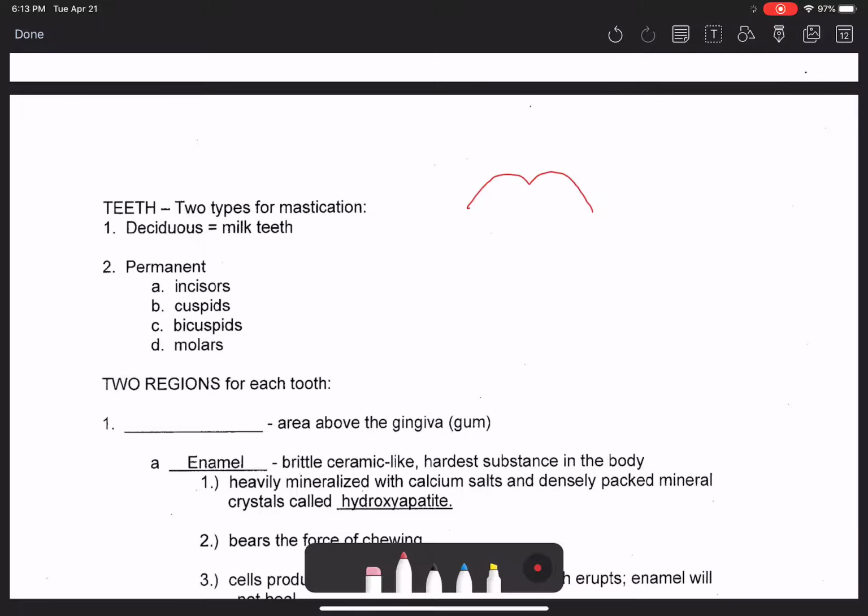So we're going to start with the most medial aspect of this row of teeth. And in our deciduous teeth, as is the case with our permanent teeth, we have 4 of these most medial teeth, which we know as our incisors.